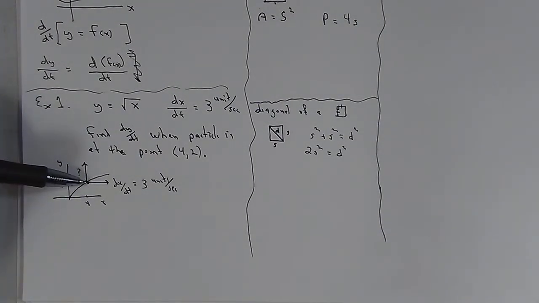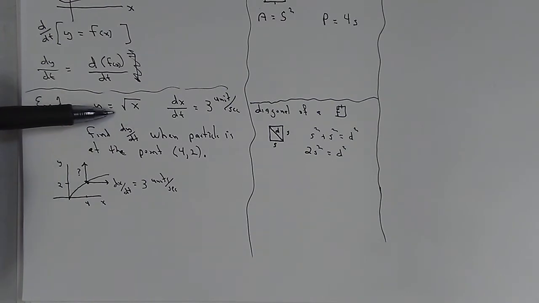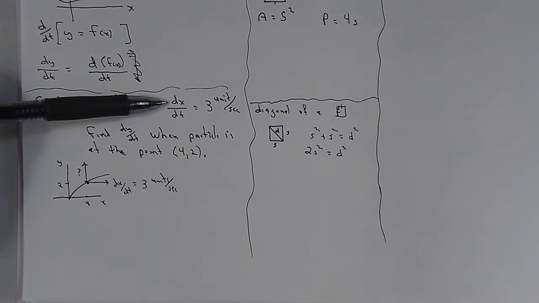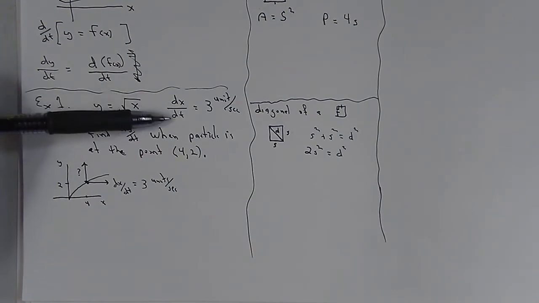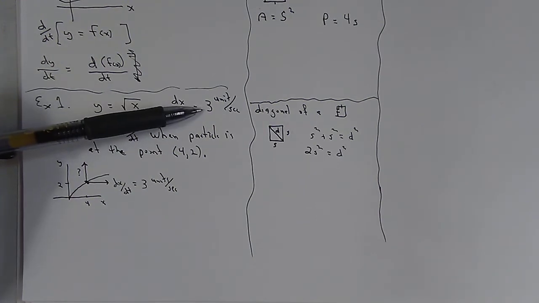Put a particle on there and have that particle move in some direction. So in this case, here's the path. We're told that's the path. And here is one of the rates of change. At any given time, the change in the x coordinate with respect to time is 3 units per second, which means it's moving 3 units to the right every second.